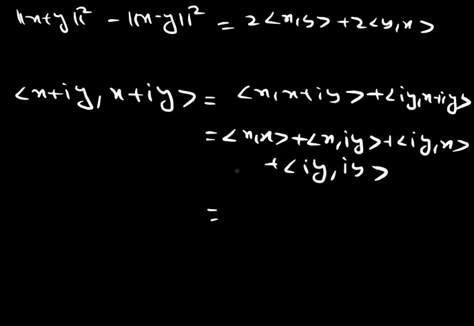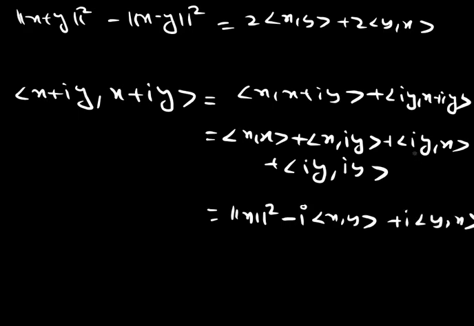So what do we get? It is norm of x whole square. So i is in the second place, so it's a complex conjugate. So minus i inner product of x with y plus i inner product of y with x.